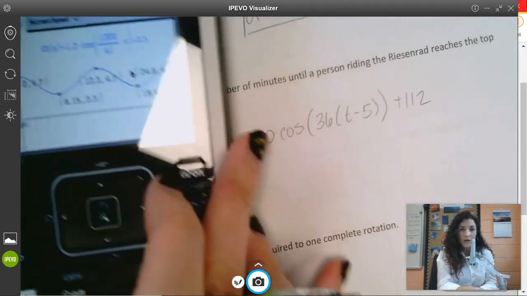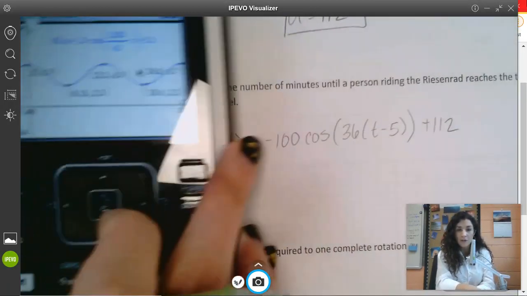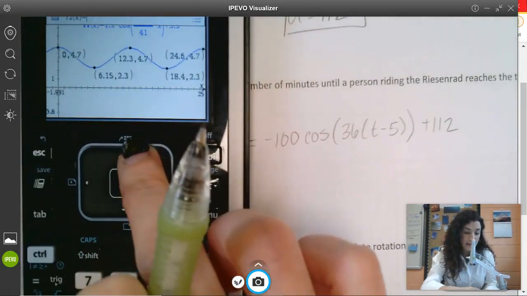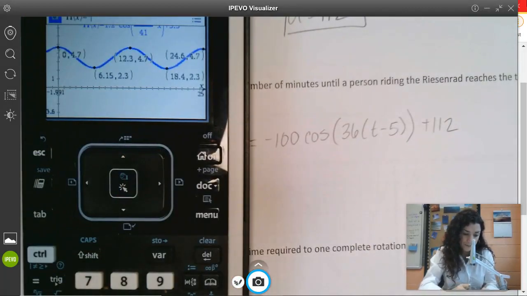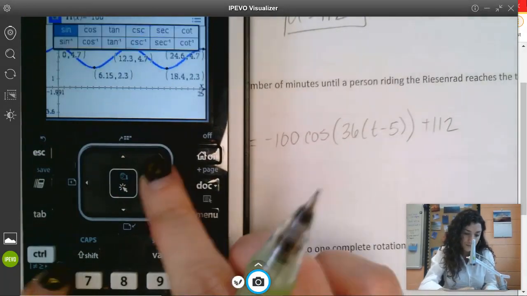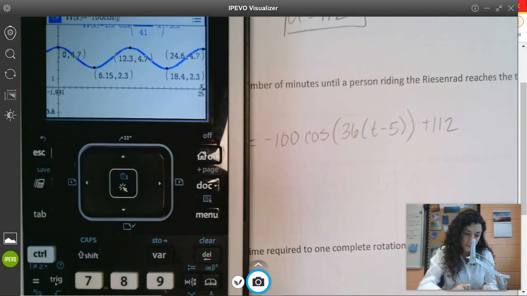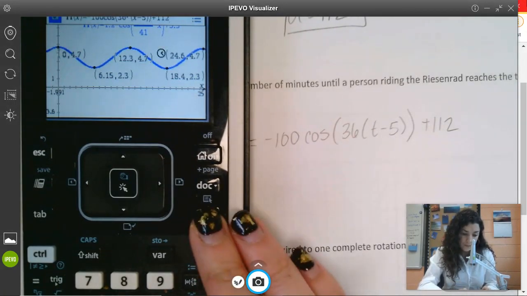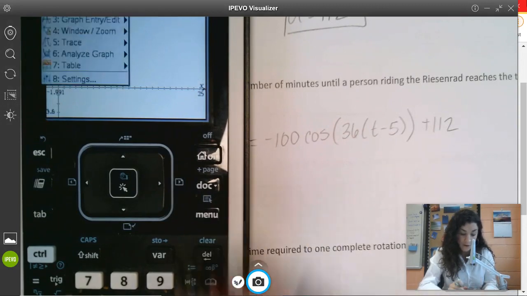Then I go ahead and graph that and find the first maximum, trying to find the time of my first maximum. You won't see it at first. Why?